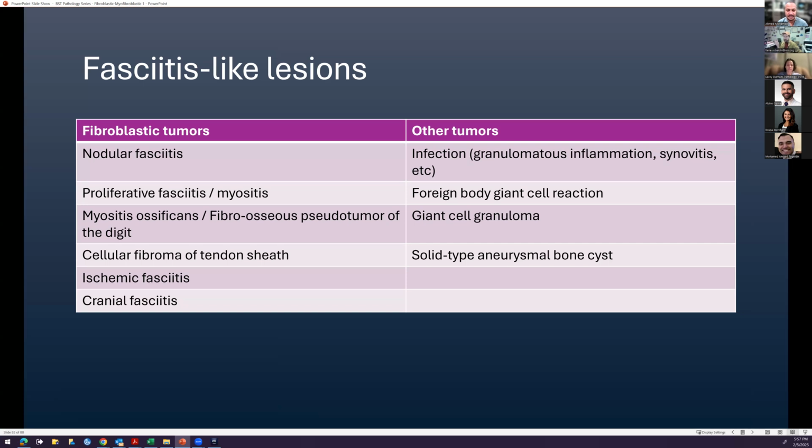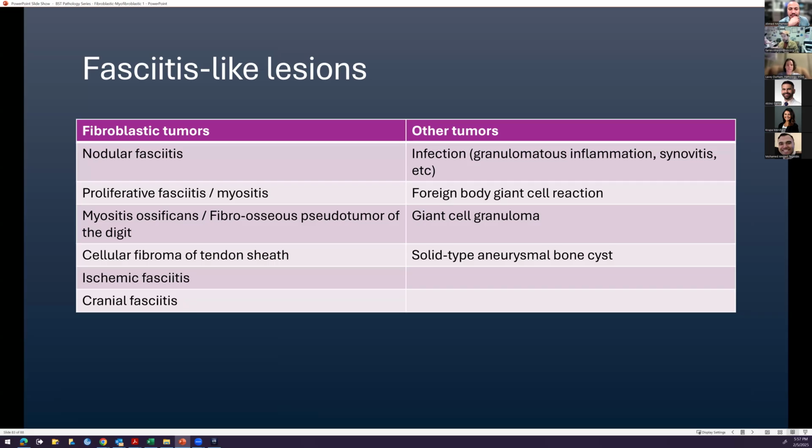On the left, you can see the tumors that have fasciitis-like stroma in the fibroblastic tumors, and then what you might see in other types of tumors, other differentiations or other situations. So think of fasciitis-type lesions like nodular fasciitis, myositis ossificans, or ischemic fasciitis, often USP6-rearranged tumors.